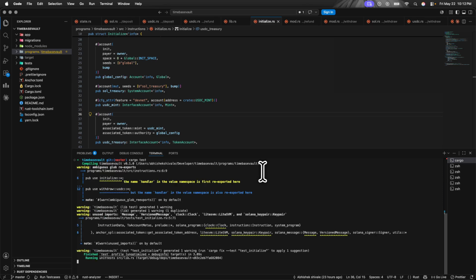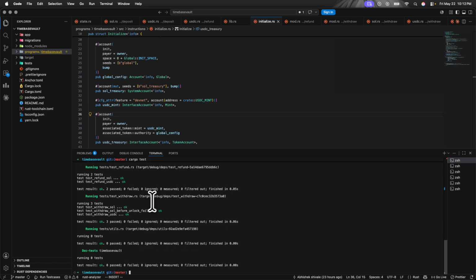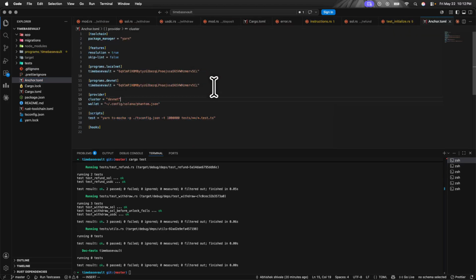So basically, I have already defined providers. There is a cluster defined, so it's not trying to run on this, it's trying to do it on devnet.